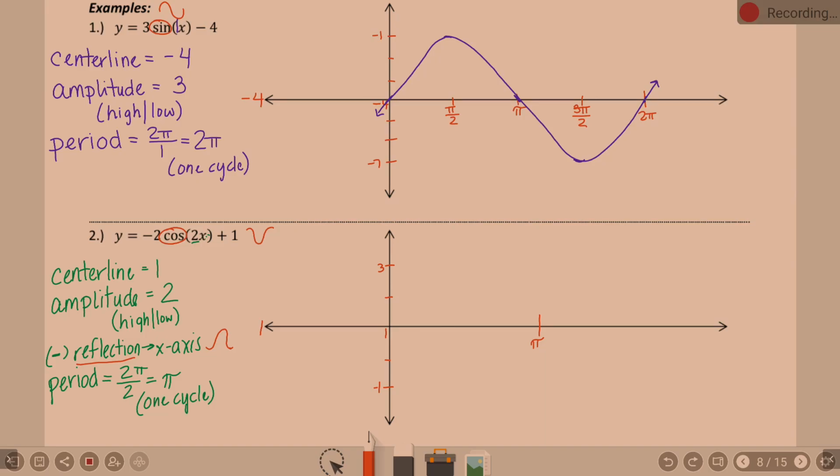Now, like sine, cosine, I like to break it up into 4 pieces. So from 0 to pi, I want it broken into 4 pieces. I'm going to start with a middle mark. What's the halfway point of 0 and pi? 1/2 pi, which is pi over 2. So now I've broken my period into 2 pieces. I asked for 4, so you've at least got to put some midpoints there. Okay? You don't always have to label them.